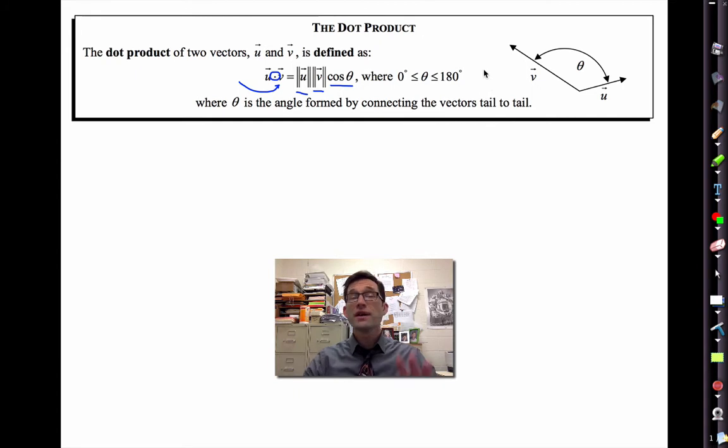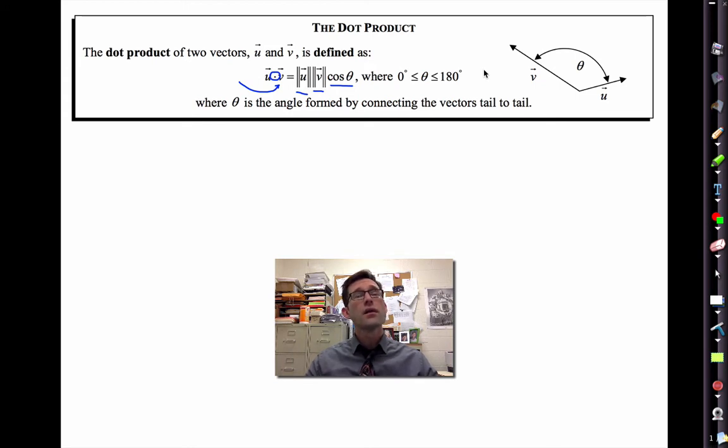So that's just what the dot product is. The size of u times the size of v times the cosine of the angle in between. Now, you have no reason right now to understand why it's used, how it's used, where it came from, or anything like that. I'm just going to define this.